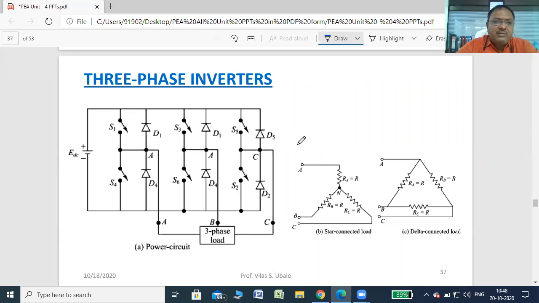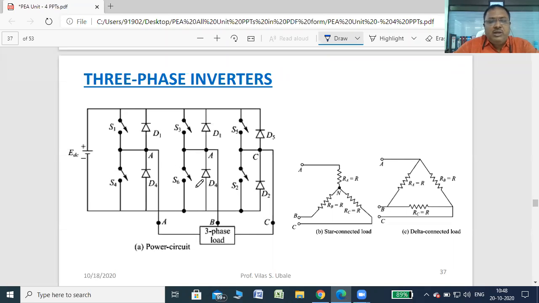So we connect the diodes as they are, no problem, but you can write here that for resistive load there is no use of diodes. For inductive loads we have already seen what is the use of these diodes, right? Because everyone knows the use of diodes D1, D2, D3, D4 in the case of single phase full bridge inverter with inductive load, right?